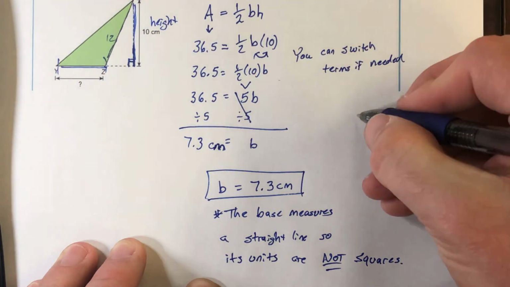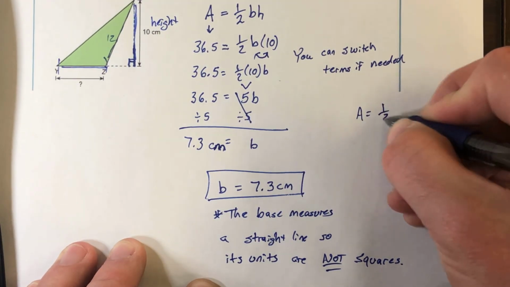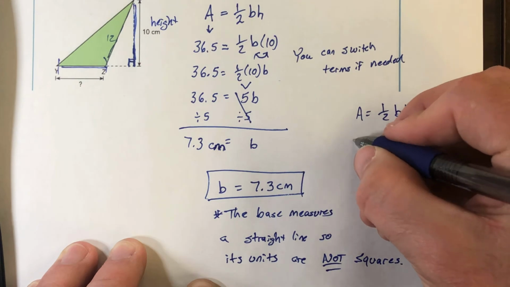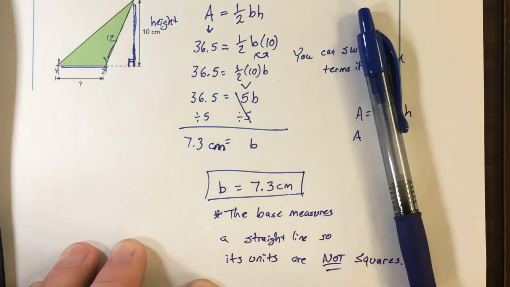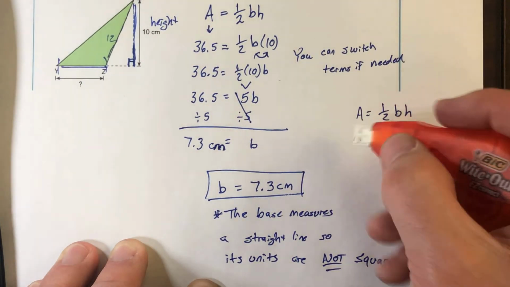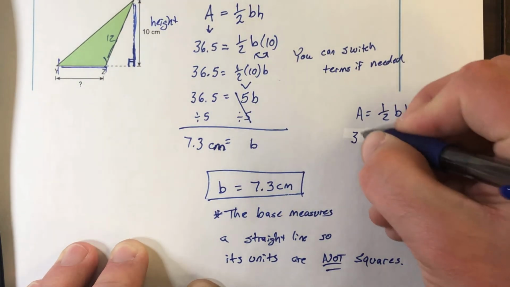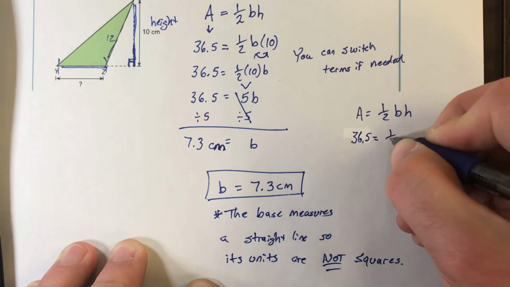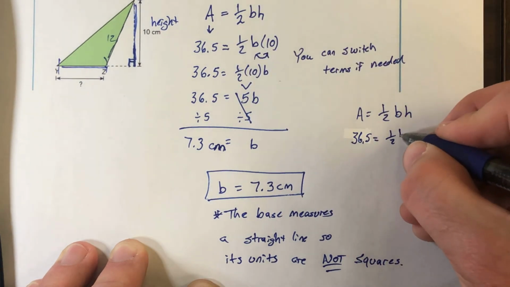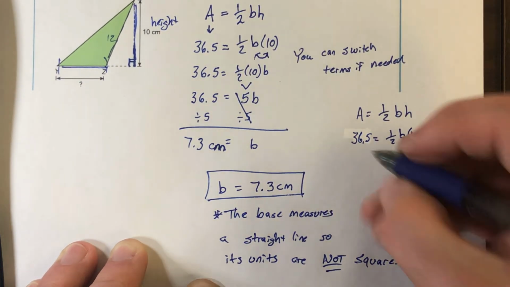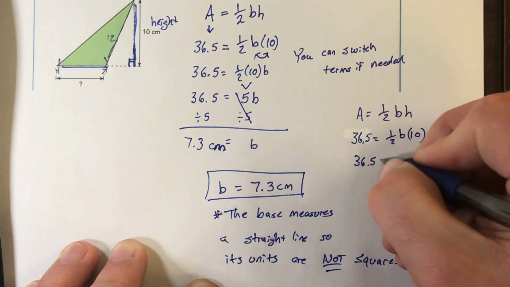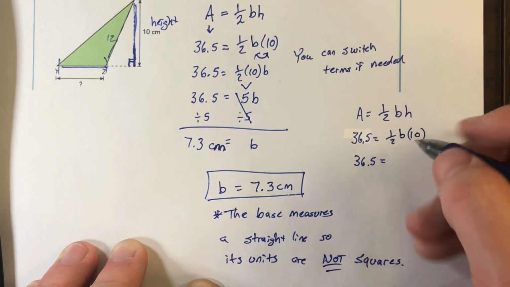Now, real quick, what would this look like if I didn't switch it? It's nothing big. So I would have 36.5 equals 1/2 B times 10. Then I'd have 36.5 equals, what's 1/2 times b times 10?